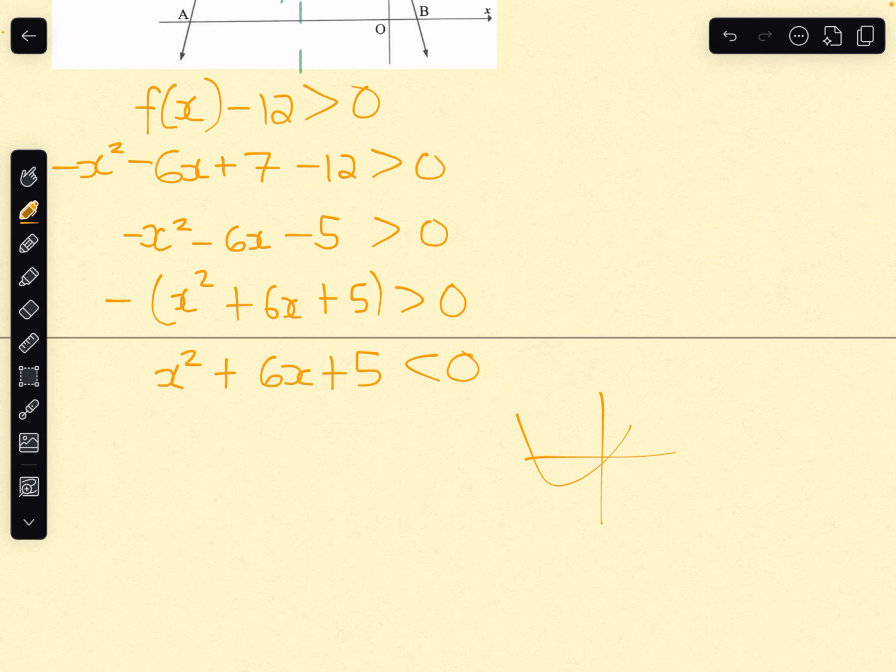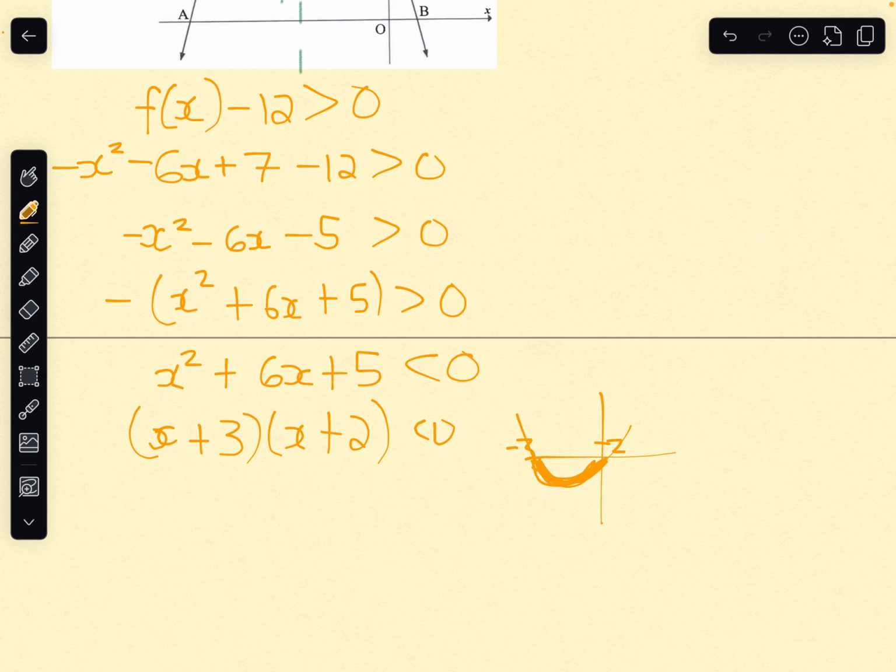And we are looking for the parts where this parabola is below the x-axis. We're looking for places where the values are less than 0 or negative. So then we can factorize real quick to say, oh, this is x plus 3 times x plus 2. Okay, so then we know that this is minus 3 and we know that this is minus 2.